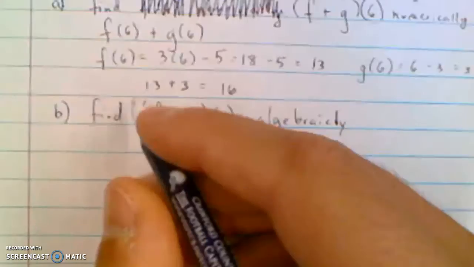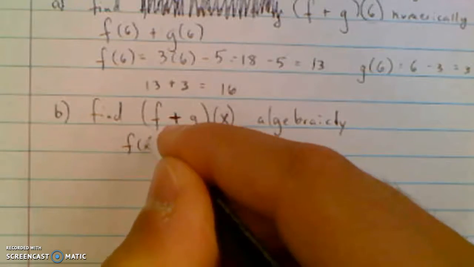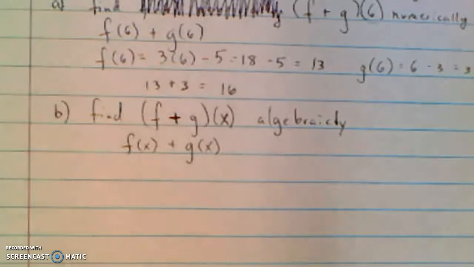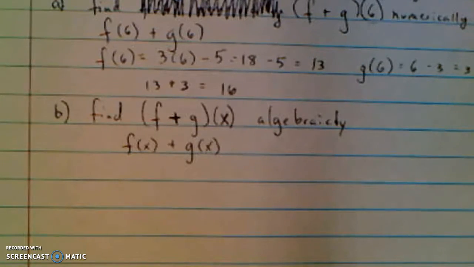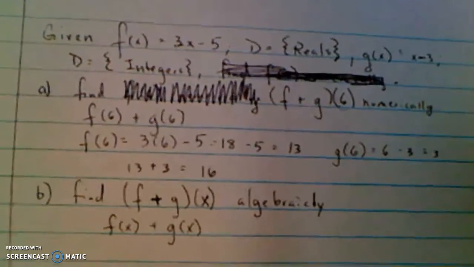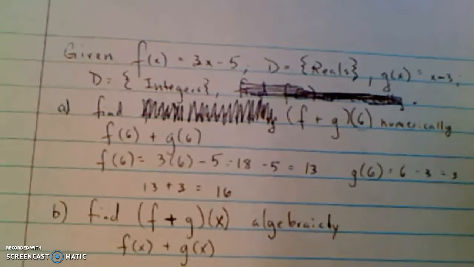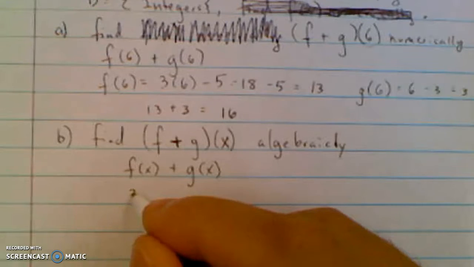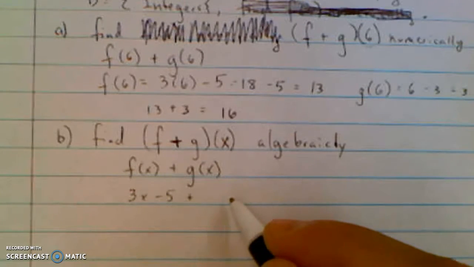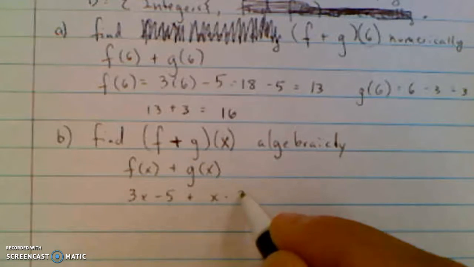So again, what this means is add f of x plus g of x. What is f of x? 3x minus 5. And g of x is x minus 3. So we're going to add 3x minus 5 plus x minus 3.